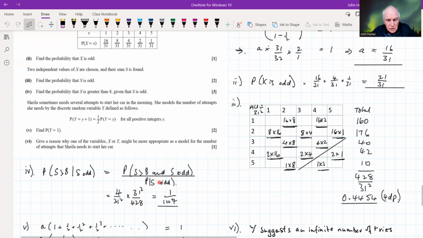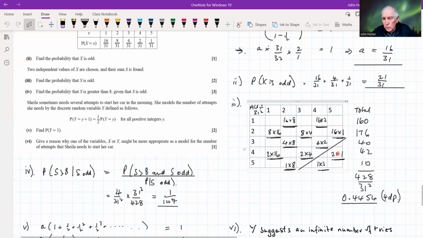But essentially these are the things that we're interested in. S is greater than 8 and odd, and this is the space that we're confining ourselves to, so effectively dividing by this. Okay, so the probability that S is greater than 8 and S is odd, essentially these two.